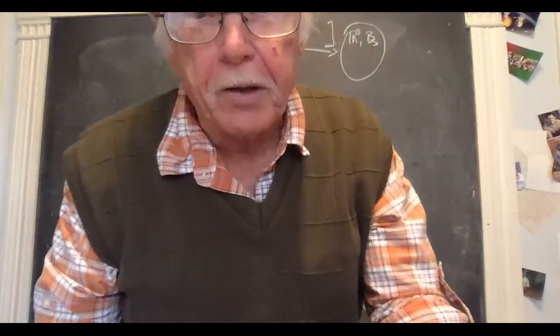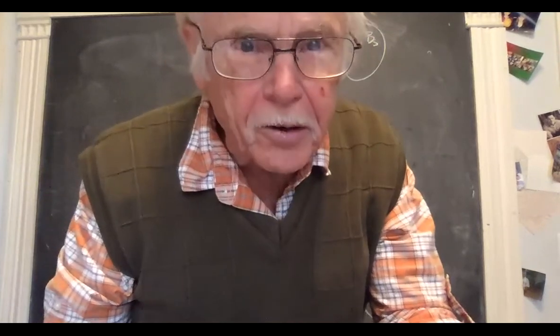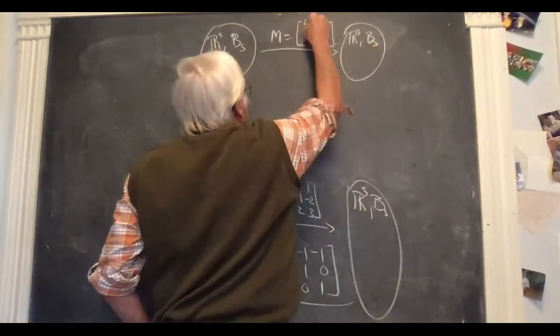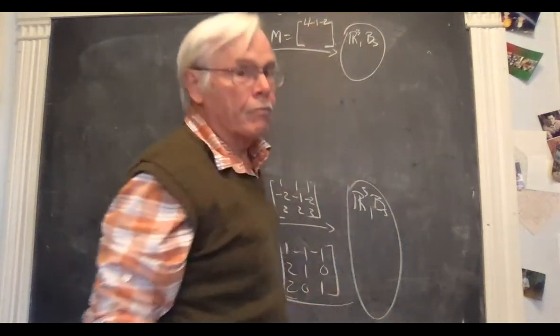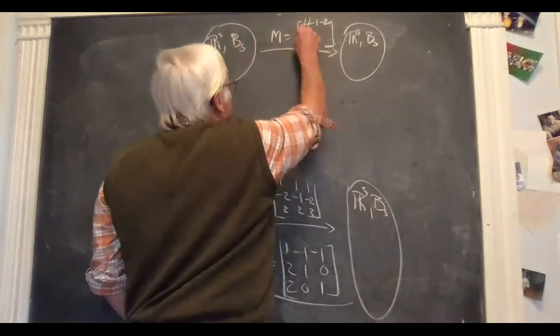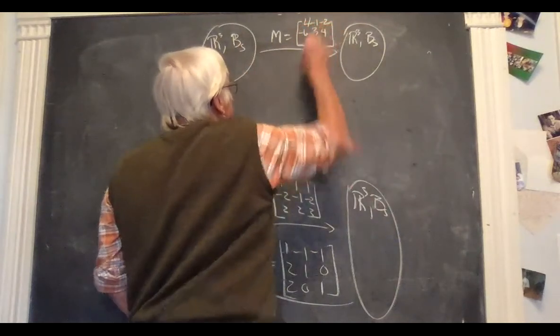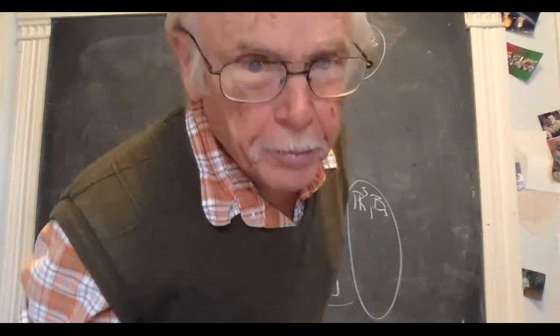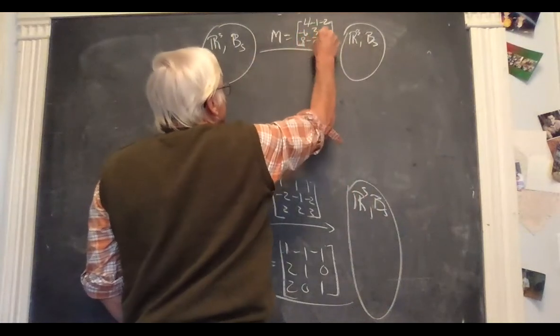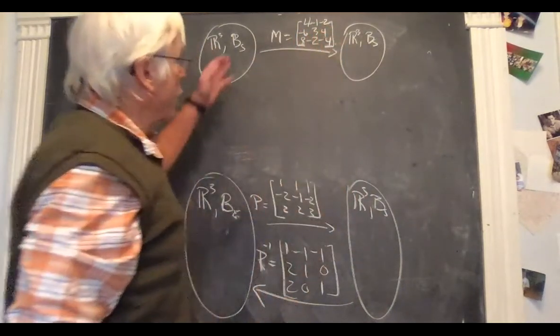Of course, I've forgotten what M is right now, but I've got it written down here somewhere. 4, minus 1, minus 2, minus 6, 3, 4. So this is the original matrix, 8, minus 2, minus 4. This is the original transformation.